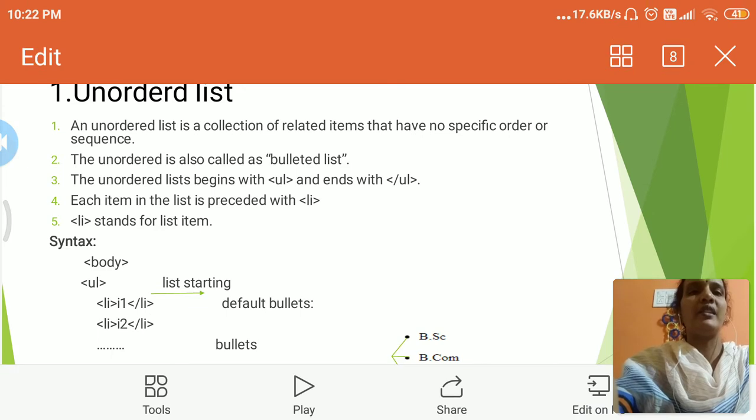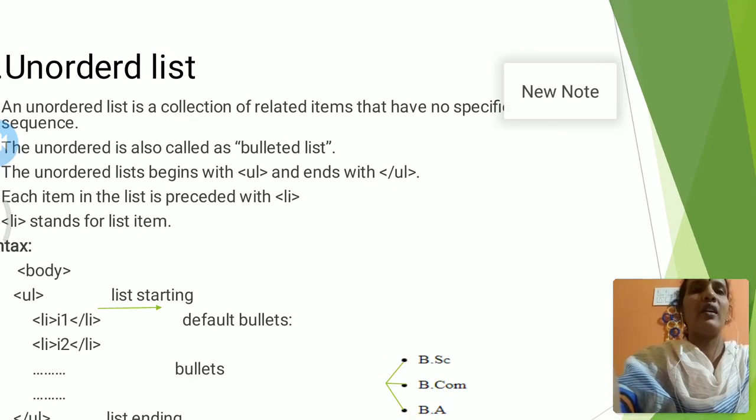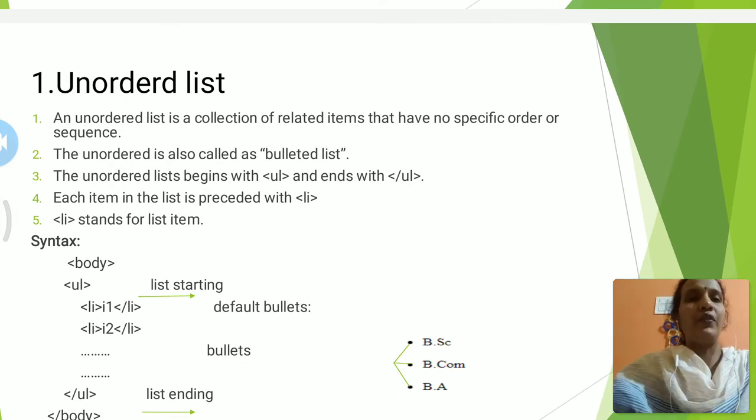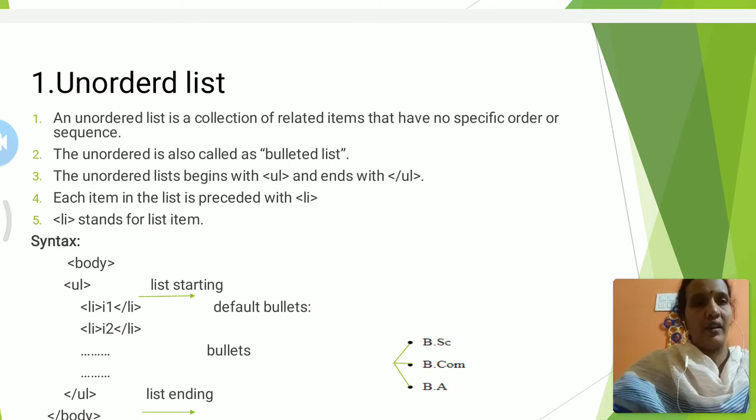From the name itself you can identify it: unordered list means there is no order. If you don't want to follow any order or sequence, then we use this type of list. Whatever list items you include, before them you won't get any sequence.